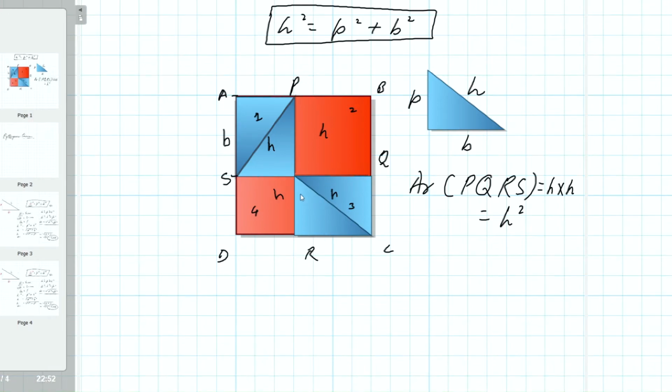We have just shifted the right angle triangles inside the boundary of this square. Now what about these two squares? What if I say that the area of these two squares taken together will be equal to this H square? Will you agree with me?